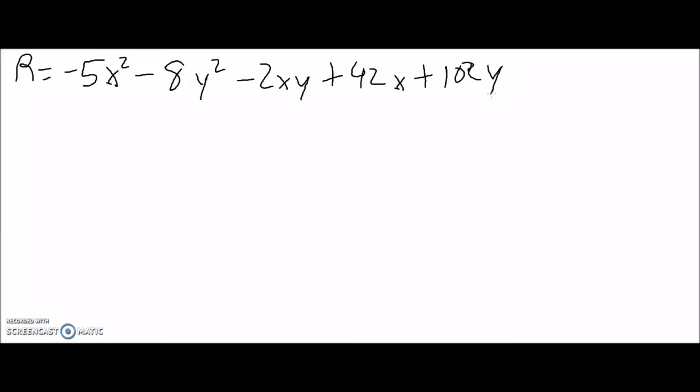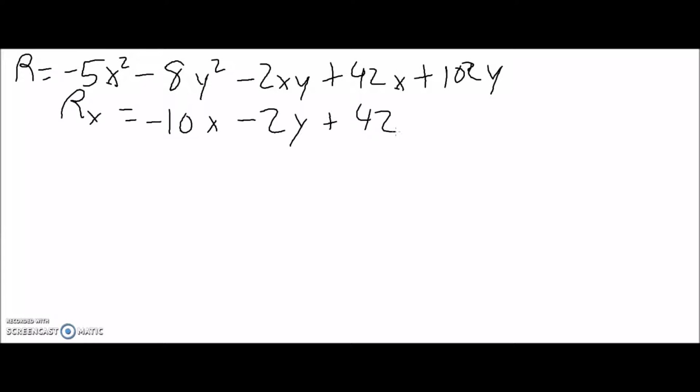The first step that you take in any optimization problem, because that's what we're doing, we're trying to maximize the revenue, is to take the partial derivatives in terms of x and in terms of y. The partial derivative with respect to x is negative 10x, you can skip the y because it's just a constant, then negative 2y plus 42, and that last term is also a constant.